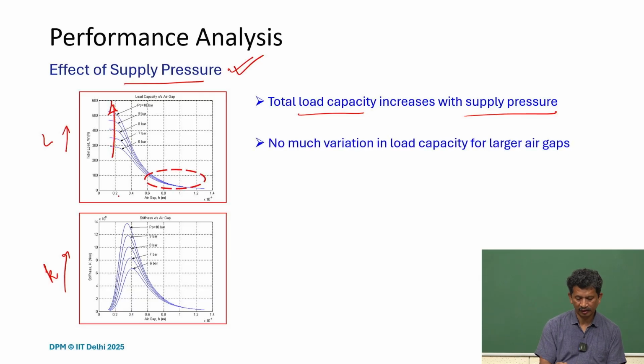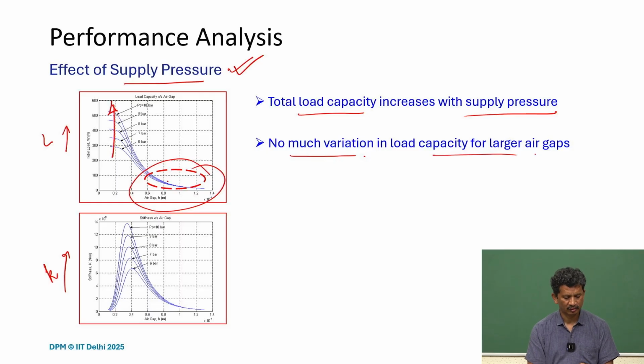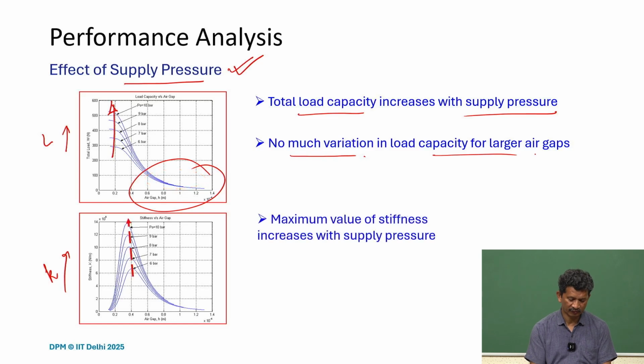Similarly, for the air gap, there is not much variation in load capacity for larger air gaps. If you see this region, that change is not that much. For the stiffness, we see that the maximum value of stiffness again is increasing with the supply pressure. So that upward trend is there as we increase the supply pressure.